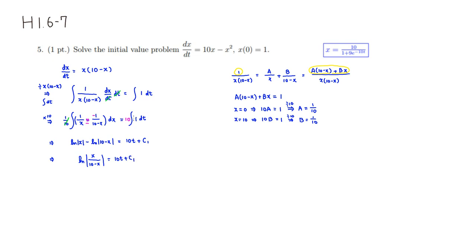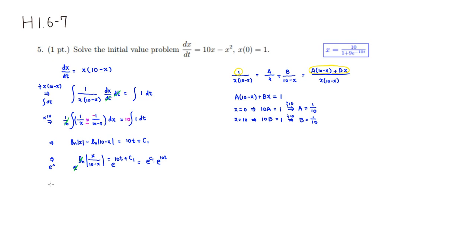Then we can raise e to both sides. So we have e to the left hand side and e to the right hand side. And the good thing is we can cancel those, and we can rewrite the right side as e to the c1 times e to the 10t.